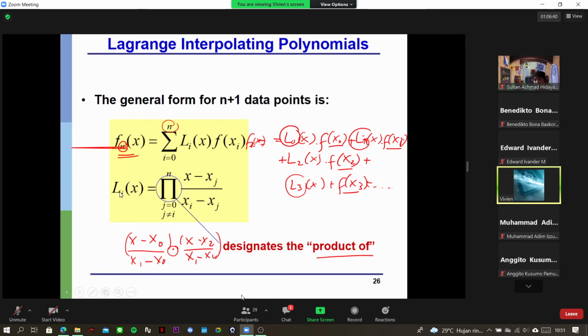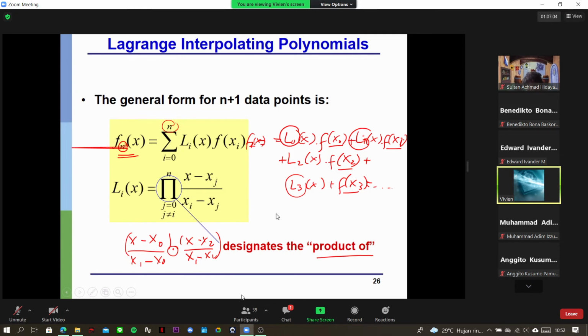If we want to find Li, for example L0, the product starts from j equal to 0, in which j should not equal i, up to n, the order of the equation that we want to find, of (x minus xj) over (xi minus xj).